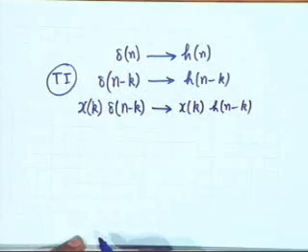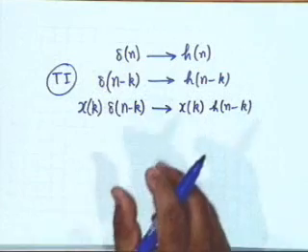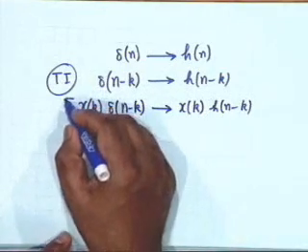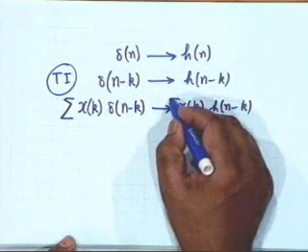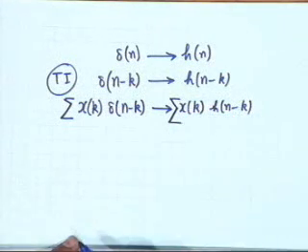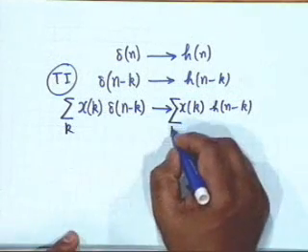All right? And then if we superimpose all such signals, if we sum up all such signals, the principle of superposition says that the output should also be the summation over k.